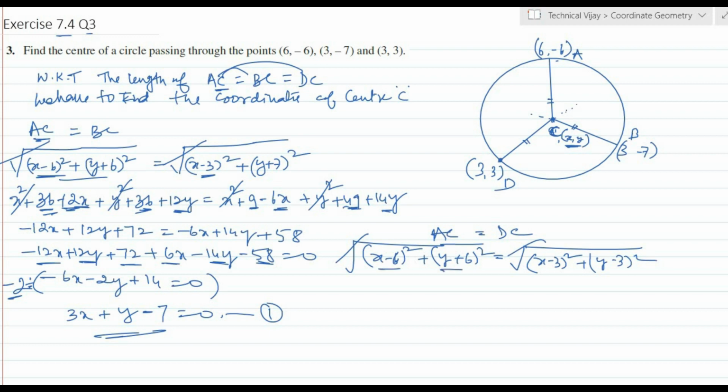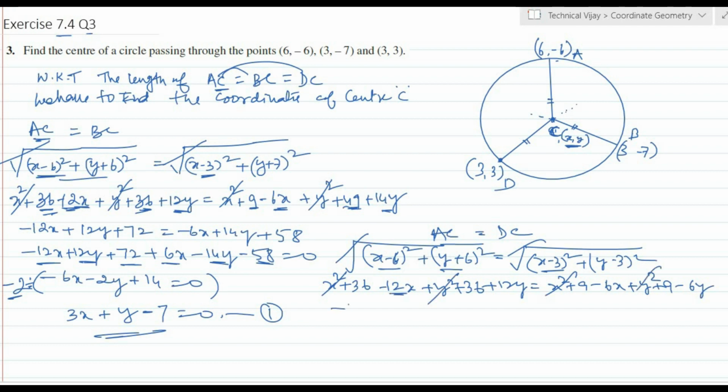So x square plus 36 minus 12x plus y square plus 36 plus 12y is equal to, using (a minus b) whole square, x square plus 9 minus 6x plus y square plus 9 minus 6y. So here x square gets cancelled, y square gets cancelled.